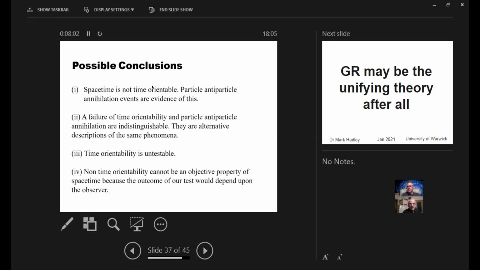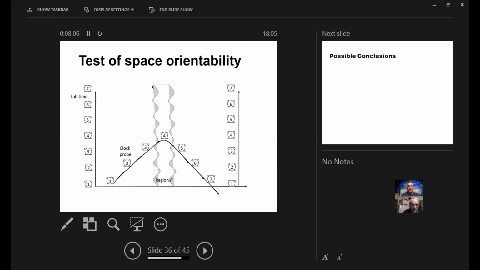Yes. In your earlier slide, the slide before. Yes. If you have particle antiparticle, then afterwards you get 2 photons, so some energy is left. But in the case of your clock, you didn't speak that some energy is surviving.